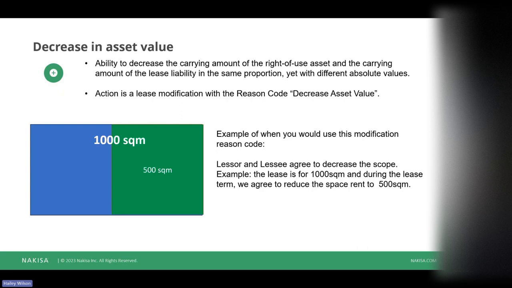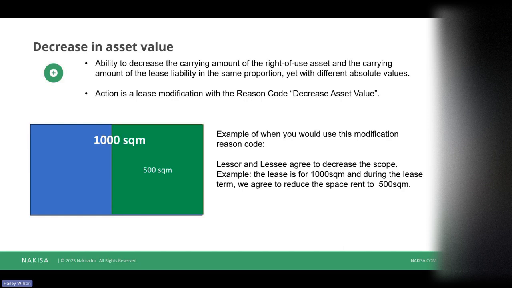A decrease in asset value gives you the ability to decrease the carrying amount of the right of use asset and the carrying amount of the lease liability in the same proportion, but in a different absolute value. This is done through a lease modification with the reason code decrease in asset value.